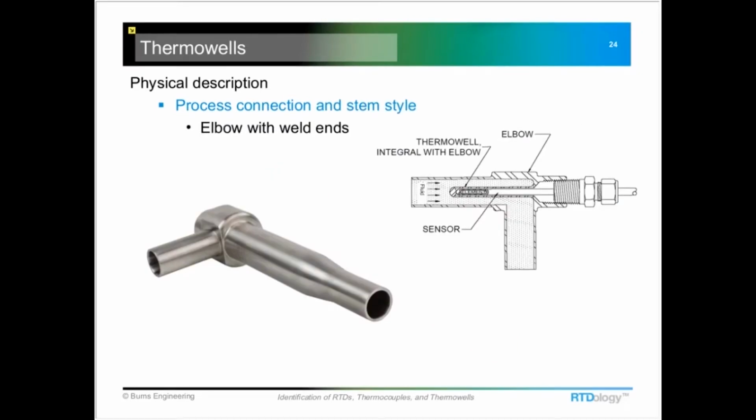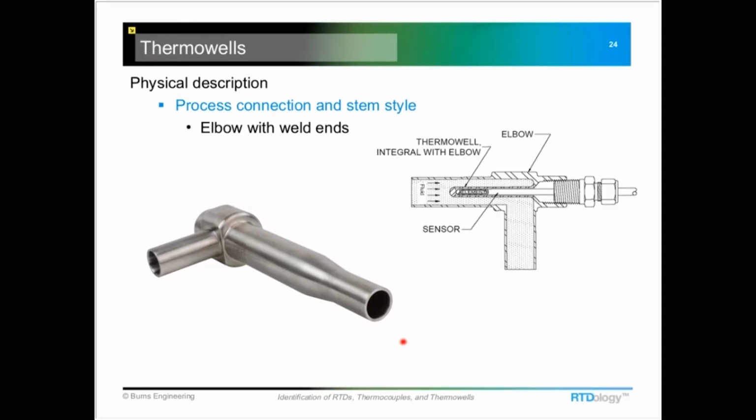This is a little bit of a hybrid type of Thermowell where it actually replaces part of the process piping system, and then the Thermowell is contained within this elbow. We look at the cutaway here, we can see a temperature probe installed here, and the Thermowell is part of this piece of pipe, and usually it protrudes down inside here, 2, 3, maybe even 4 inches.